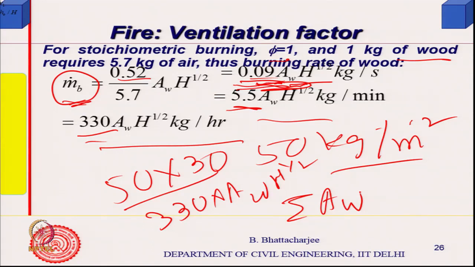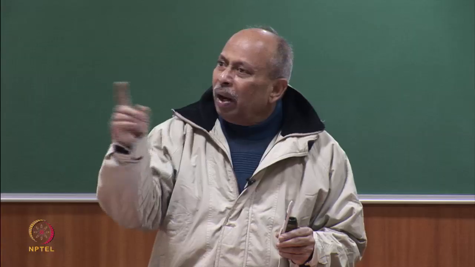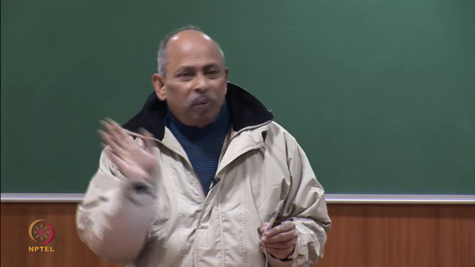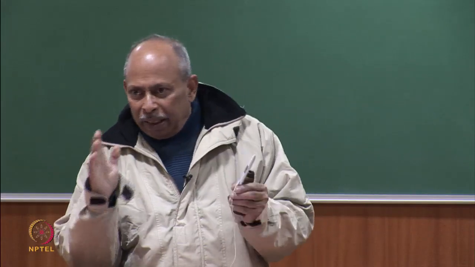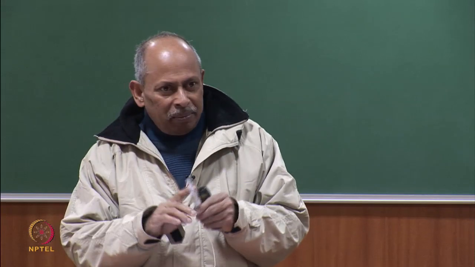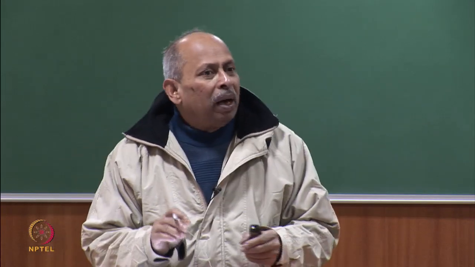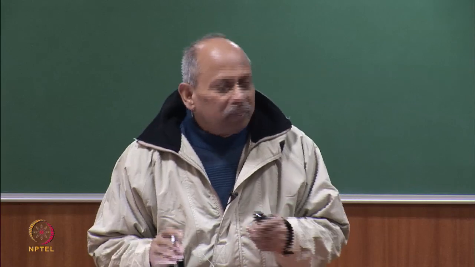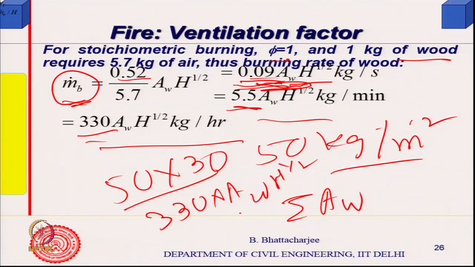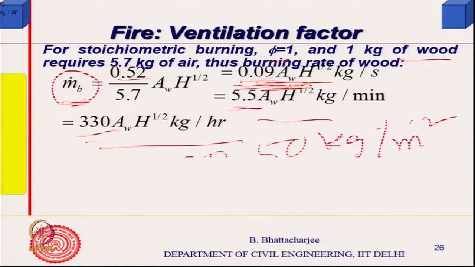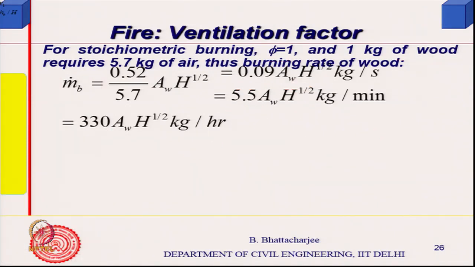Generally, H is constant for all of them, and you can assume them all in parallel. Basically, the flow path is the same, the potential gradient across them is the same, the pressure difference is the same. So, parallel means you sum up all of them. So, sigma AW and h to the power half would be something like that. Everyone will have h to the power half. So, ventilation factor can be summed up, and you can find out how much time it will burn.